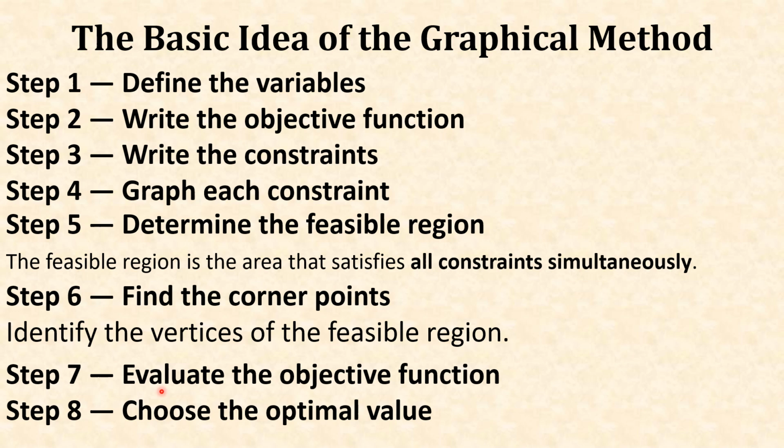Step 7, we evaluate the objective function using the corner points. And step 8, choose the optimal value. If we are looking for the maximum, we choose the greater value, but if we're looking for the minimum, we look for the lower or lesser value.